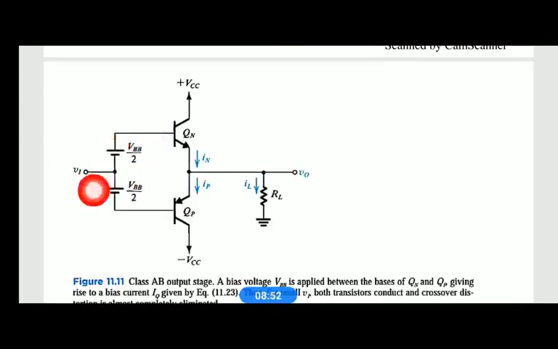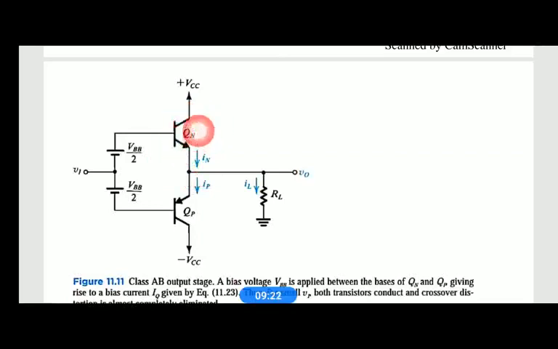If you see this loop, this causes the voltage here to increase, which is the base voltage with respect to emitter, VBE n. The VBE n means VBE of transistor QN, we are denoting VBE n, is increased here. So therefore the conduction of transistor QN is increased.